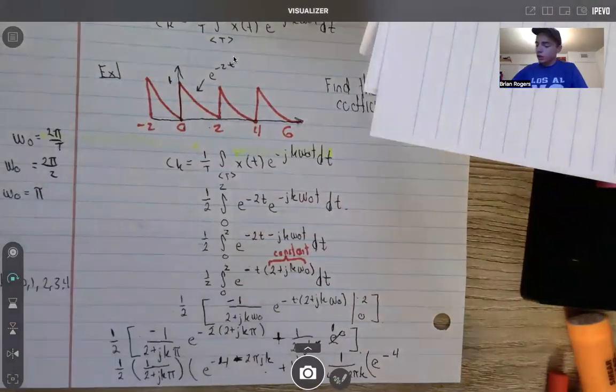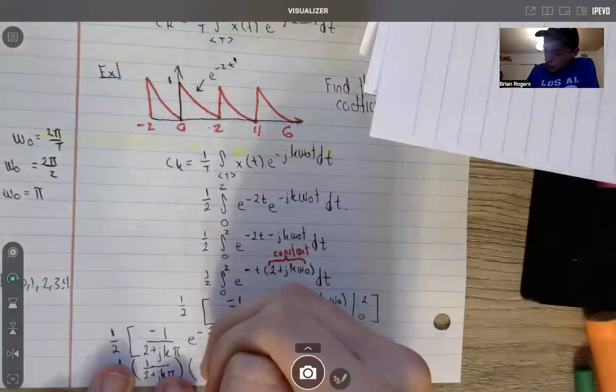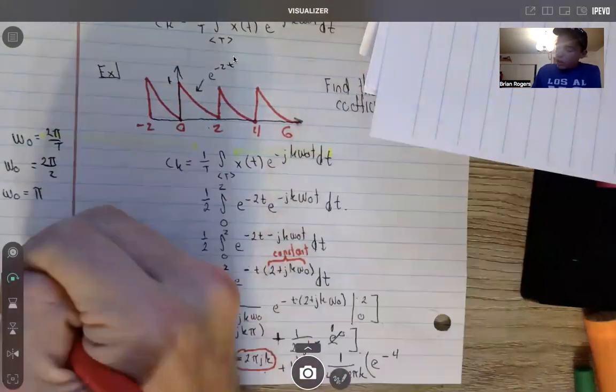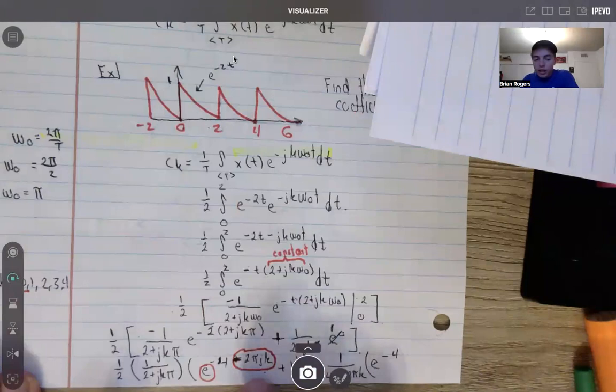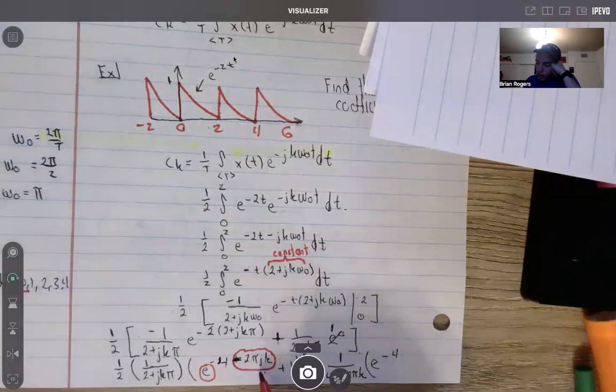So this term right here, because of e to the -2 pi jk, if you plug in k equals 0, that's going to give you e to the power of 0, which is just 1. And if you plug in 1 for k, that's going to give you e to the power of -2 pi j. But remember, isn't that the same as the phase angle 0? So it's going to just be e to the 0, which is 1.